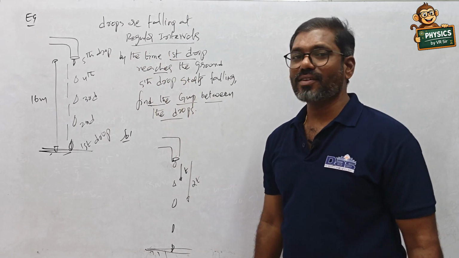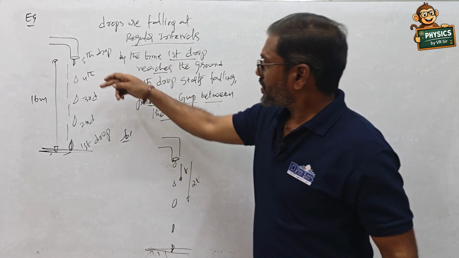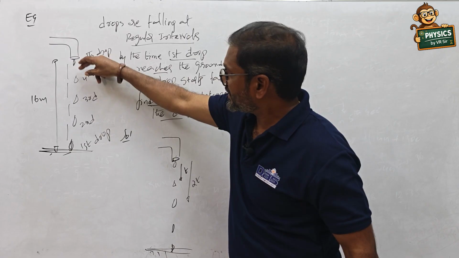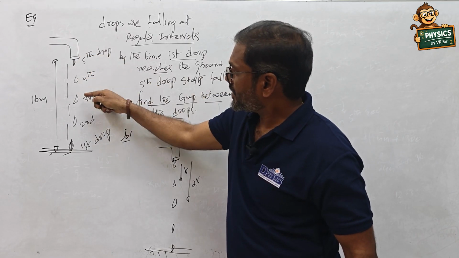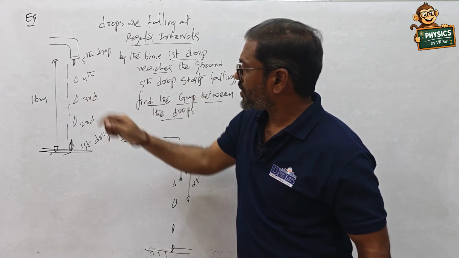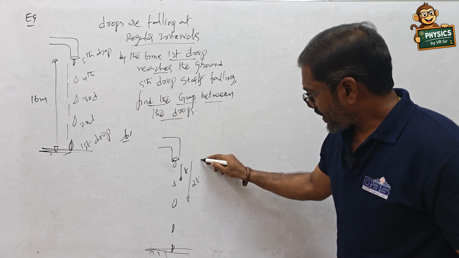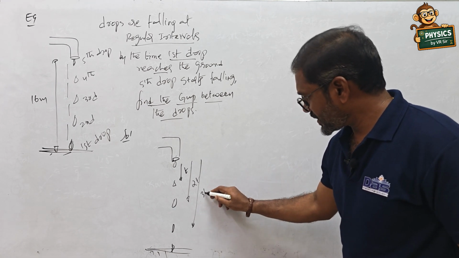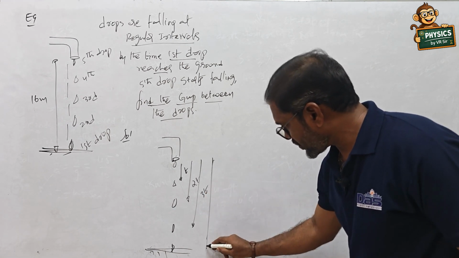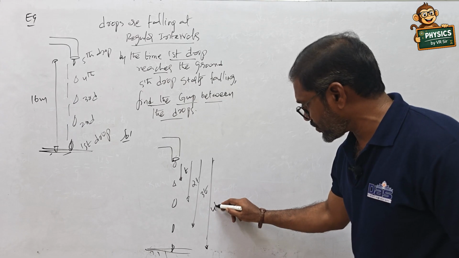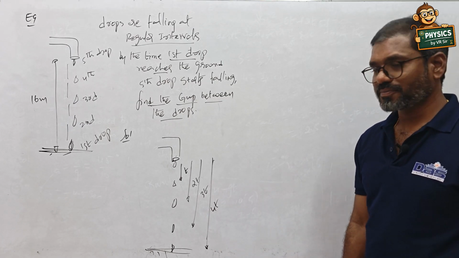By the time the fourth drop has reached here, time t, then for the third drop the time is 2t, here it is 3t, and the first drop reaches the ground in 4t. Hope it's clear to you.